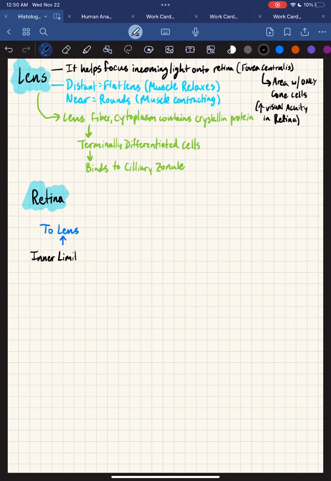This is the layer that is closest in direction to the lens. Next is going to be the optic layer. Oh, I don't like that I used a lowercase l on that one. That's going to bother me. We've got to change that. Optic layer. After that is going to be the ganglionic layer. After that is going to be the inner plexiform layer.